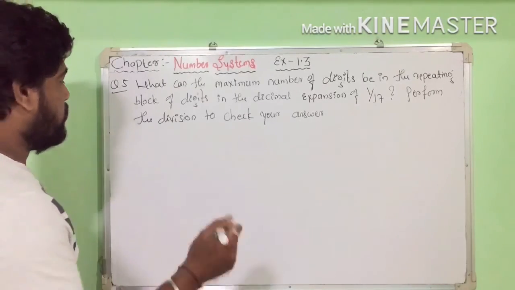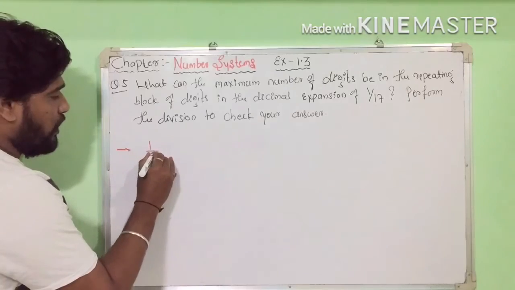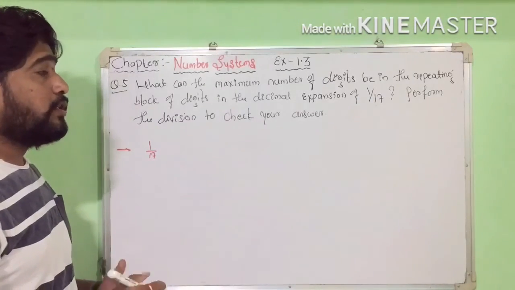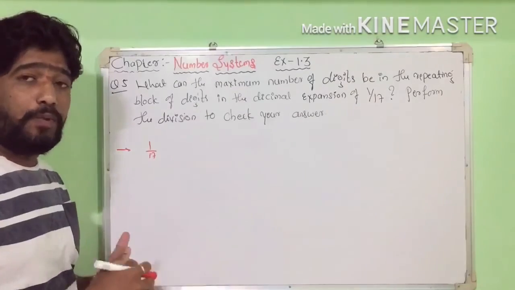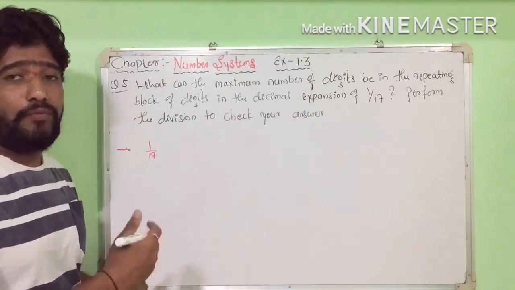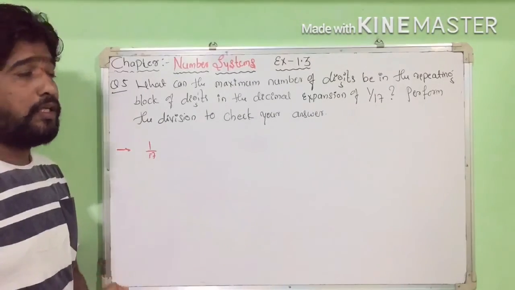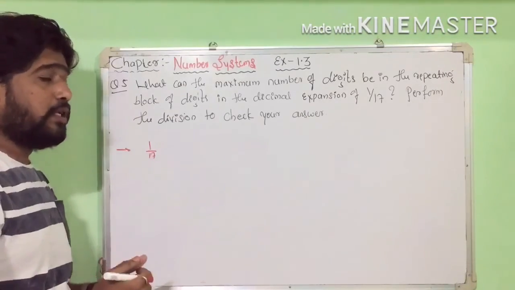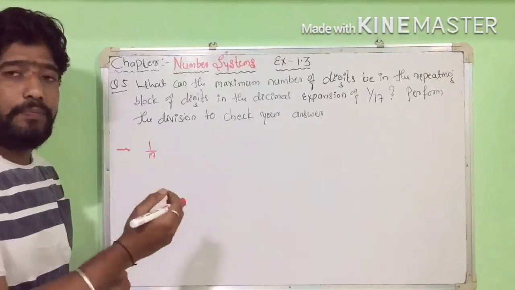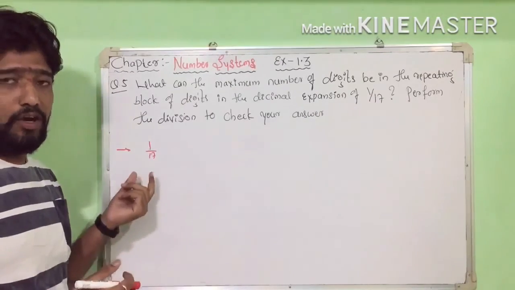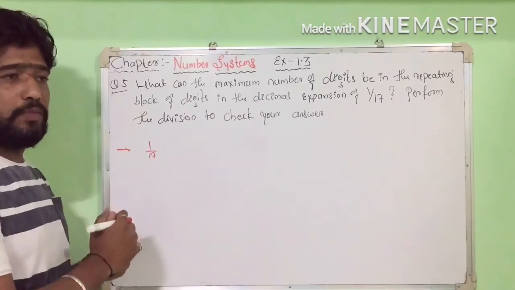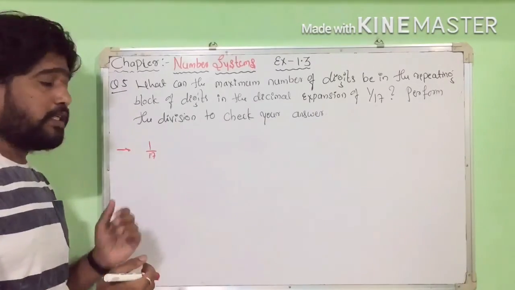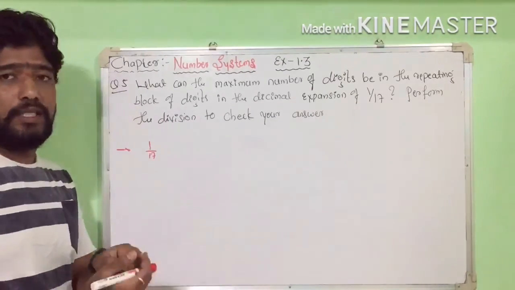So here they asked about the decimal expression of 1 by 17, after how many digits the number will repeat. When we make this division, this decimal form is a non-terminating repeating decimal. So after 16 digits the number will repeat here.